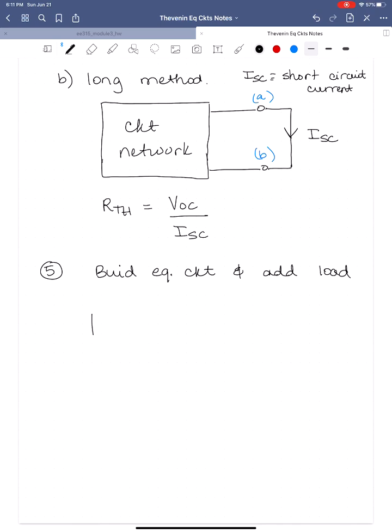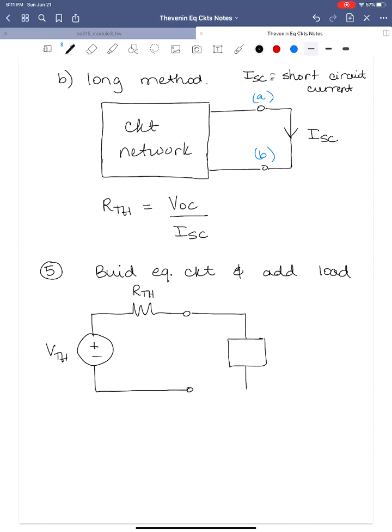So our Thévenin equivalent circuit is going to consist of our Thévenin equivalent voltage source, our Thévenin equivalent resistance, and then our load gets reconnected at the same 2 points. And then we're going to solve for the voltage drop across the load or the current flowing through the load. And this is just going to be either voltage division or an Ohm's law equation. Okay, that's all the steps for a Thévenin equivalent circuit problem.